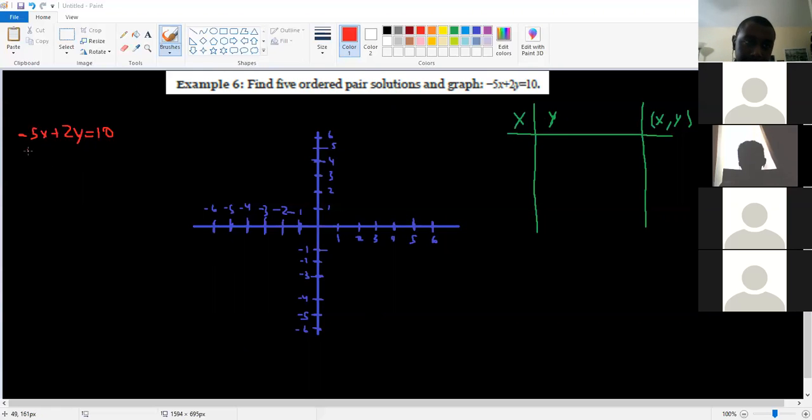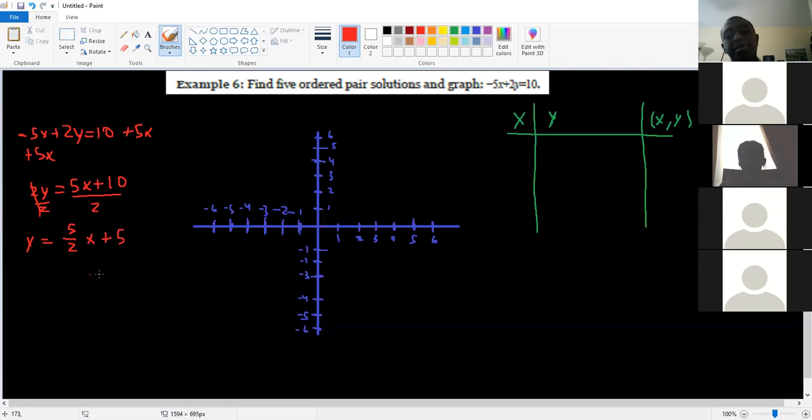You add 5x to both sides, and then after that you divide it by 2. And then it becomes... Okay. Now you have slope intercept form.